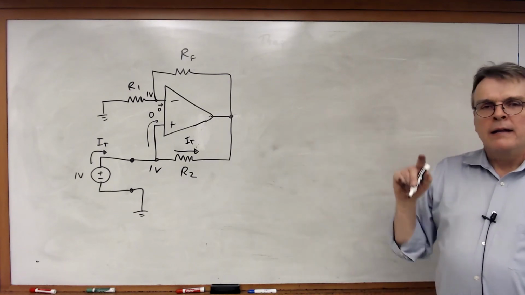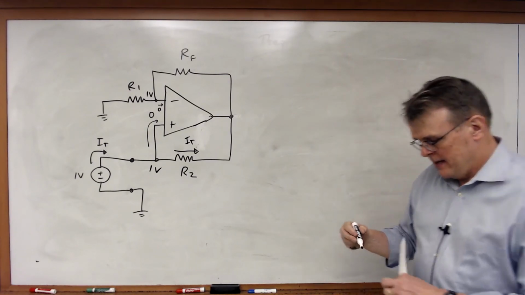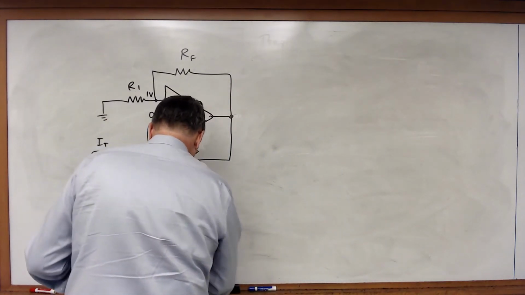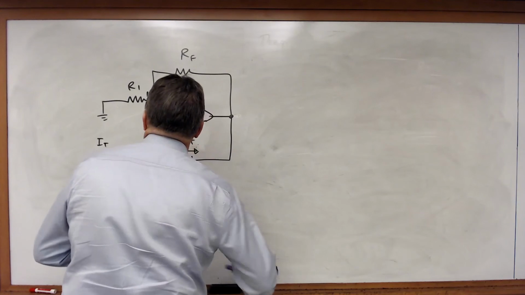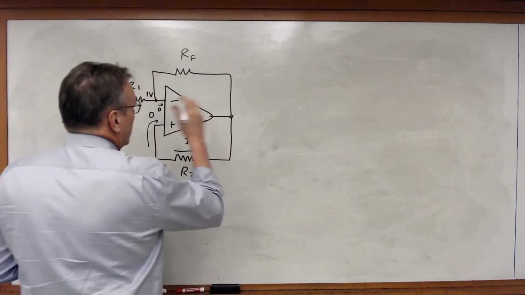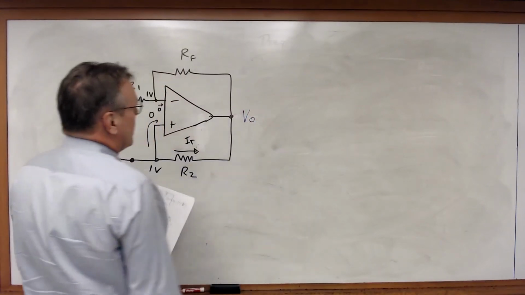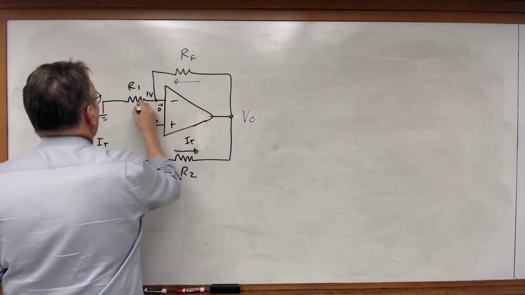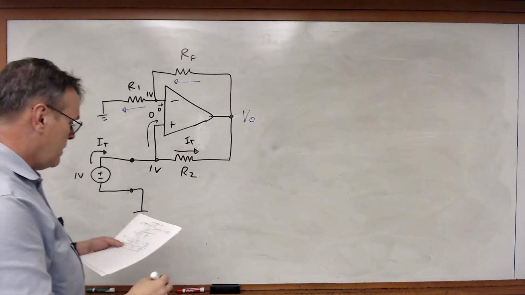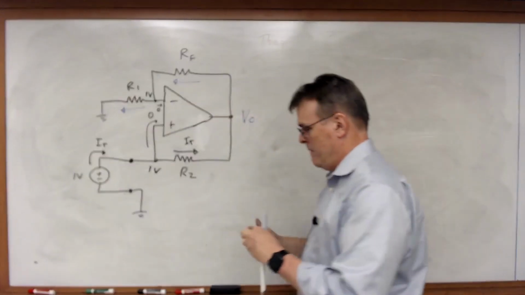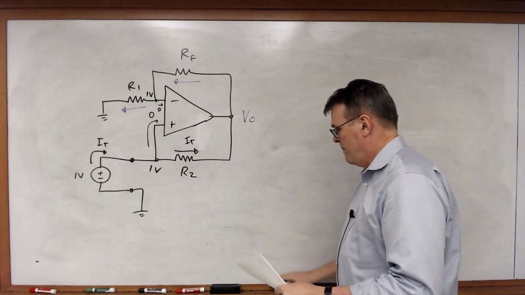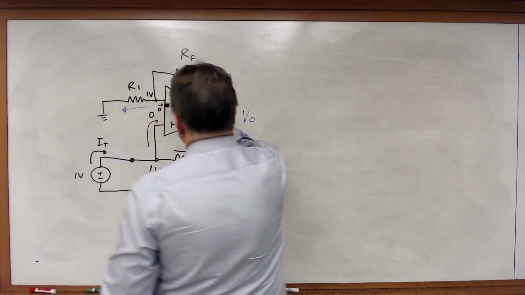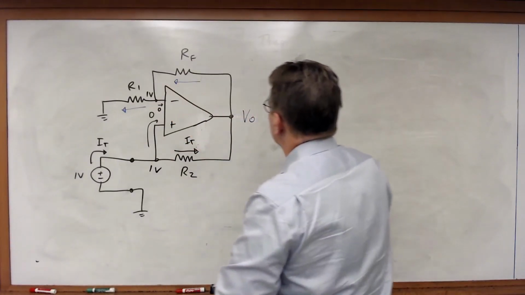Okay? Let's go ahead and analyze this. So looking at this, I've got an output voltage V sub O. And so looking at this, I can write a KCL equation for this node.